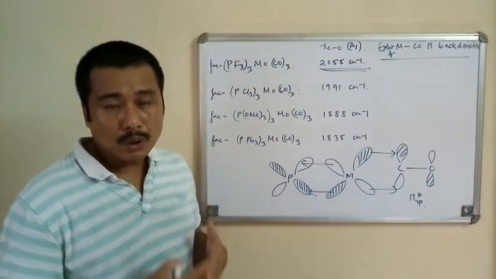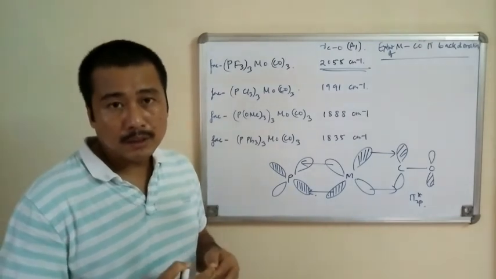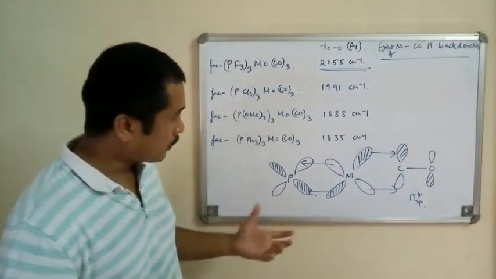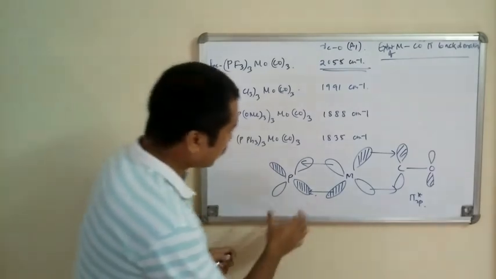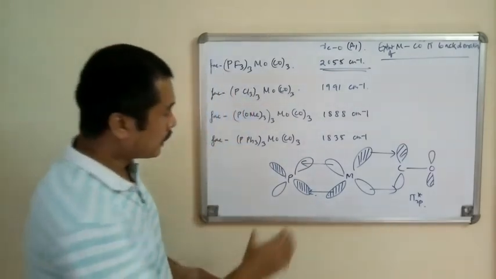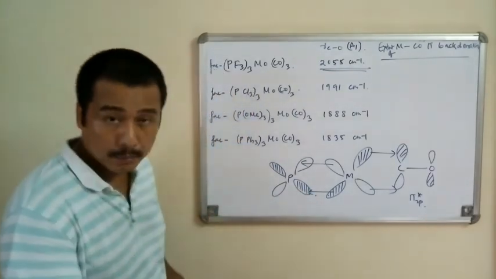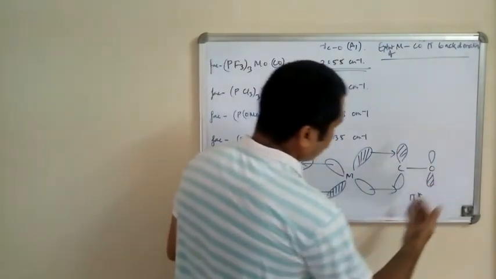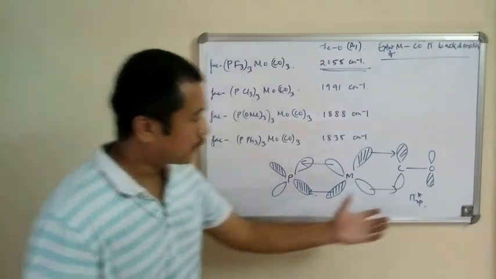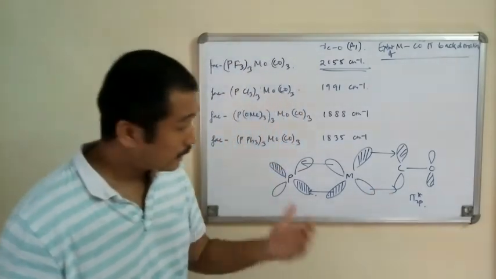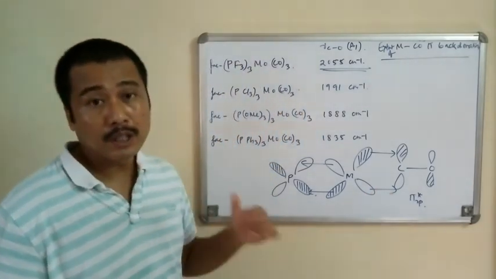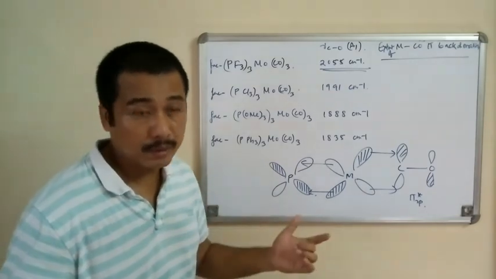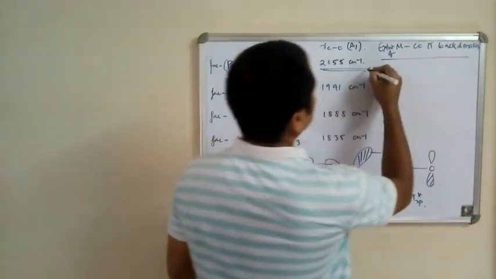The stronger pi acceptor ligand will win the race, and that is why, if the phosphine ligand is a better pi acceptor, then the extent of pi donation to the CO pi star 2p molecular orbital is going to be less, and the CO stretching vibration in that case will appear at higher wave number. So that is what we see over here.